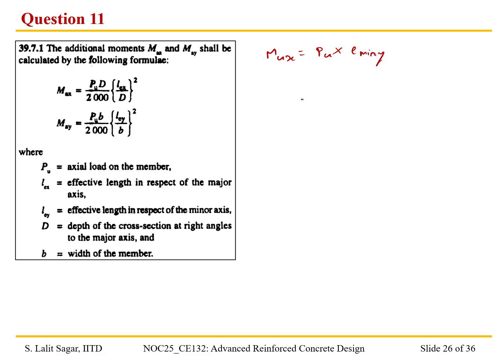About the y-axis, that is 1500 into 10 to the power 3 into 31.67. Let me calculate that value. 47.5 kilonewton meter.